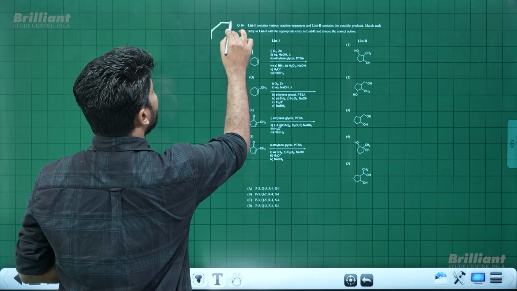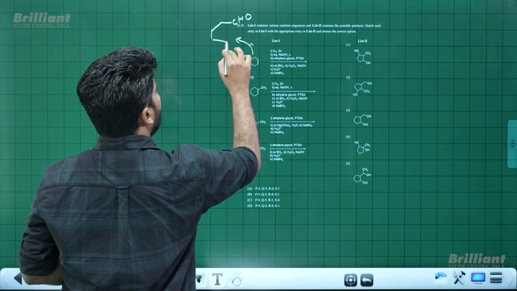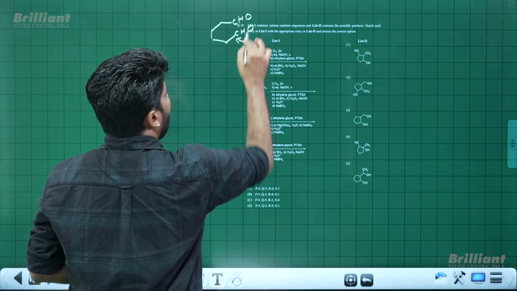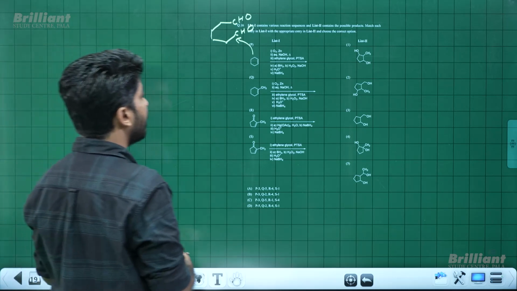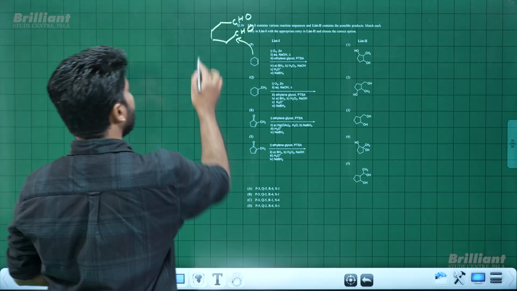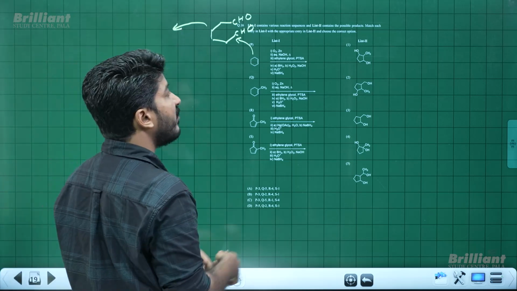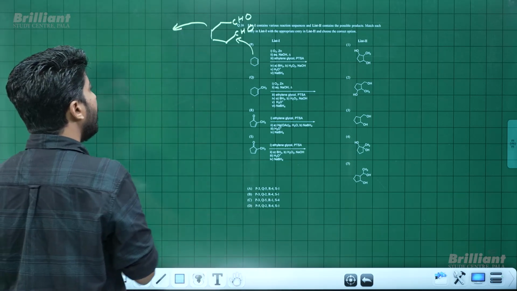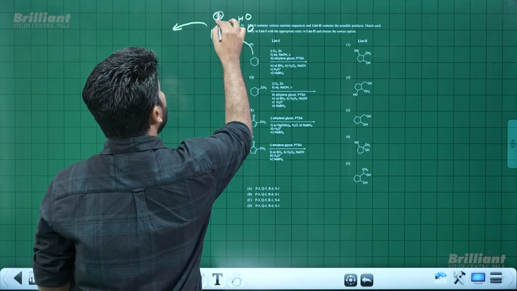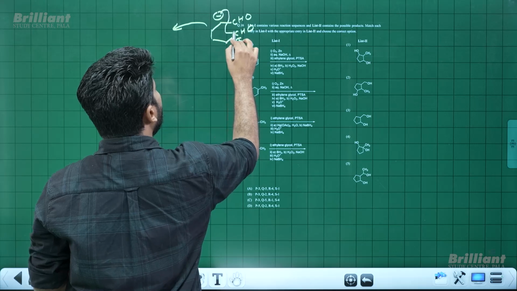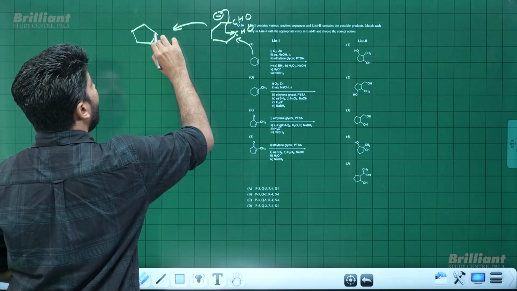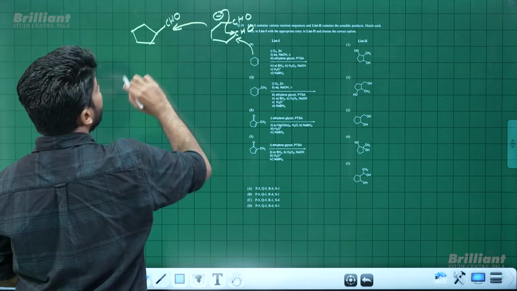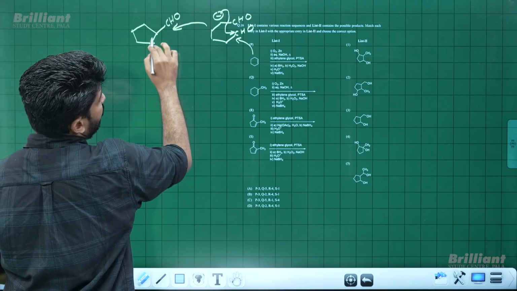Cyclohexene is ozonolyzed and transforms to hexane-1,6-dial, right? So that dicarbonyl is produced, then it is treated with aqueous NaOH and heated. Aldol condensation occurs. Aldol addition happens from this particular alpha carbon to that carbonyl, creating a 5-membered ring structure with an OH group outside.